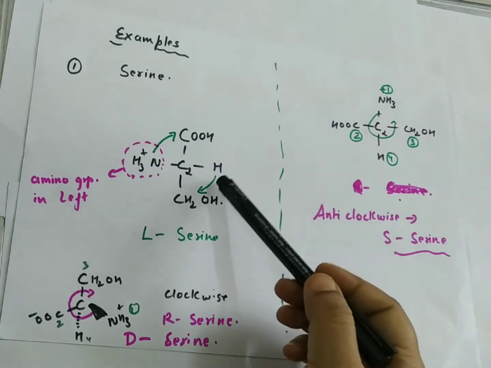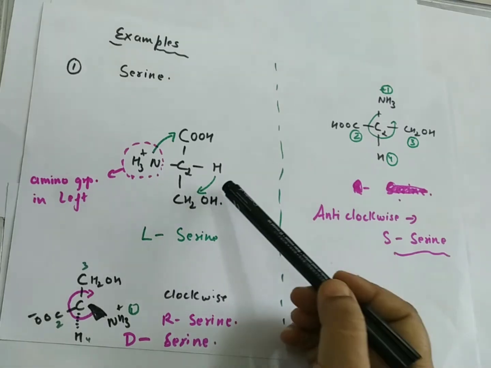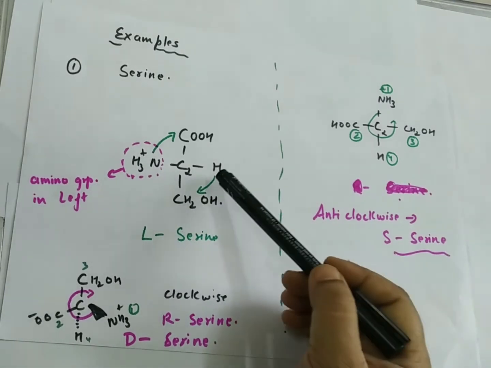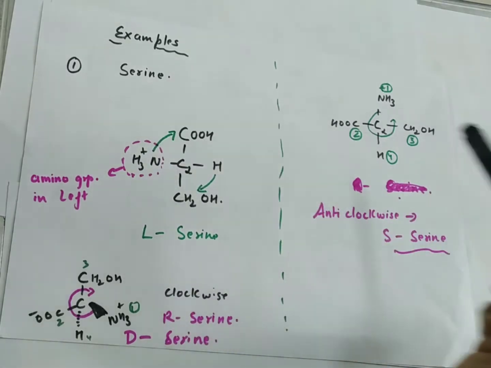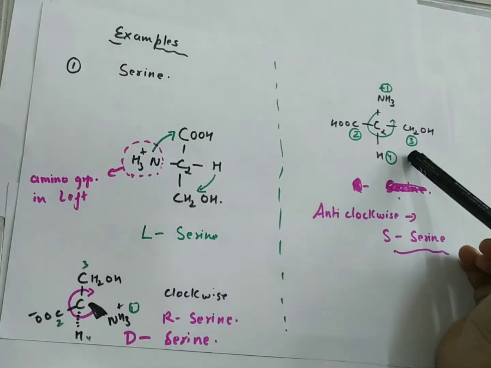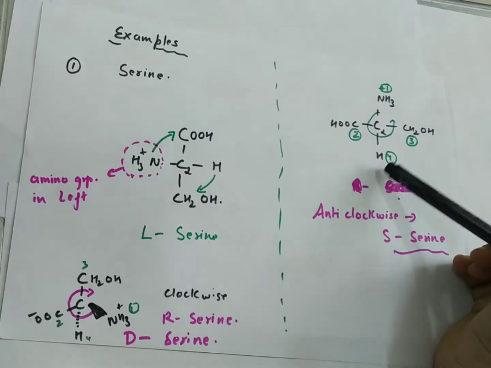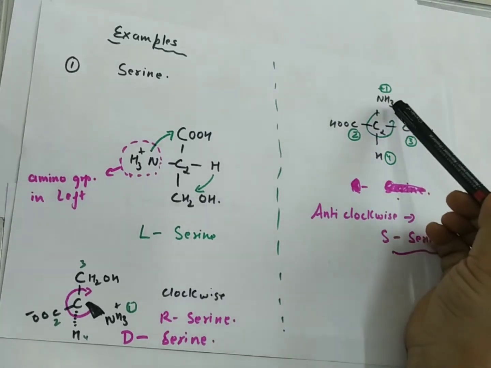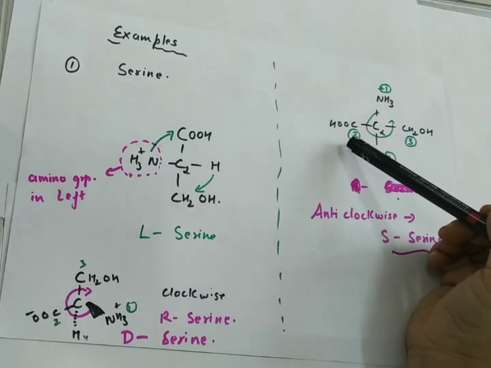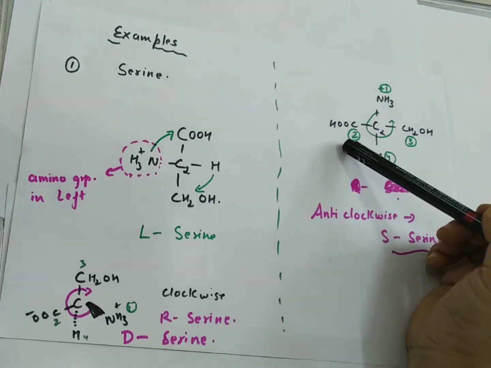So what we do, we flip the molecule this way, and parallelly we flip here. So the molecule takes this shape. H is down. CH2OH comes in place of H. Here amino comes at the top and carbonyl comes here in place of amino.